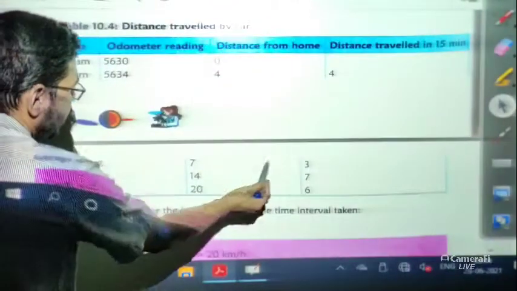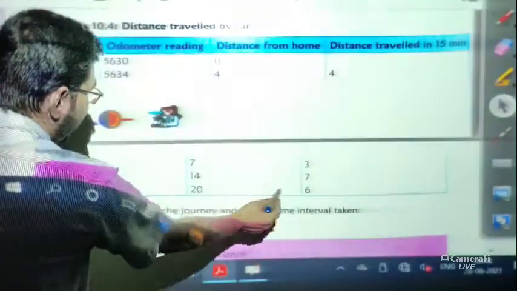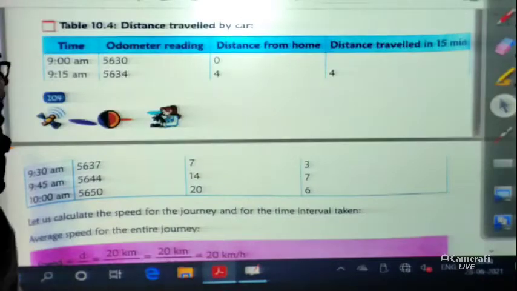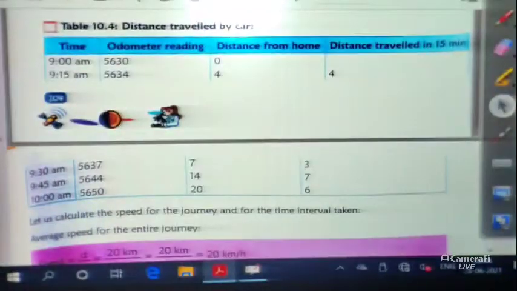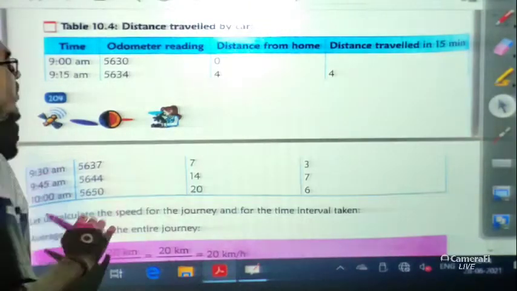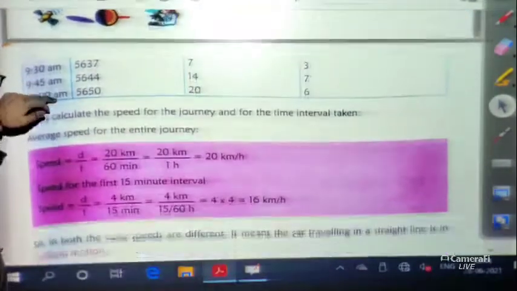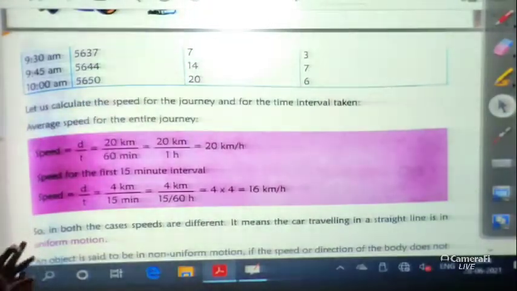Then 14 kilometers in 7 minutes, and lastly 20 kilometers in 6 minutes. That means you can see here that the distances and the times are not uniform or equal to each other. Now if we find out in this case, just have a look. So let us calculate the speed of the journey.